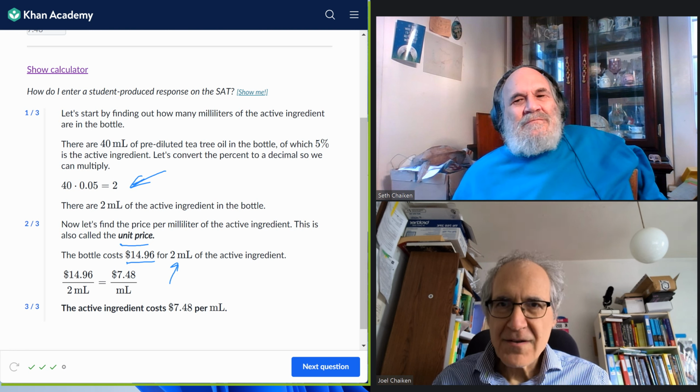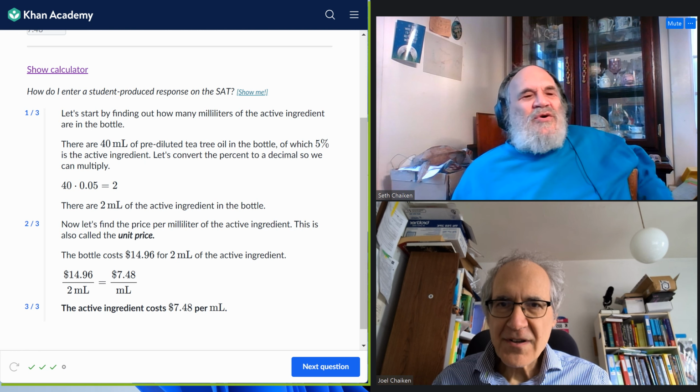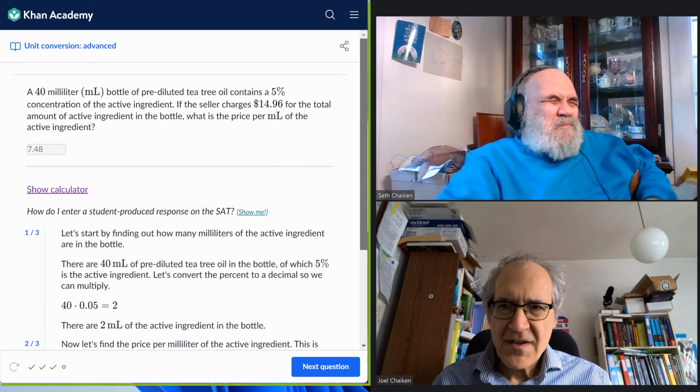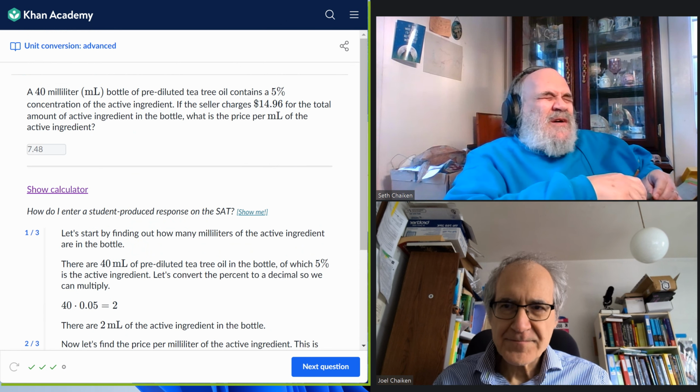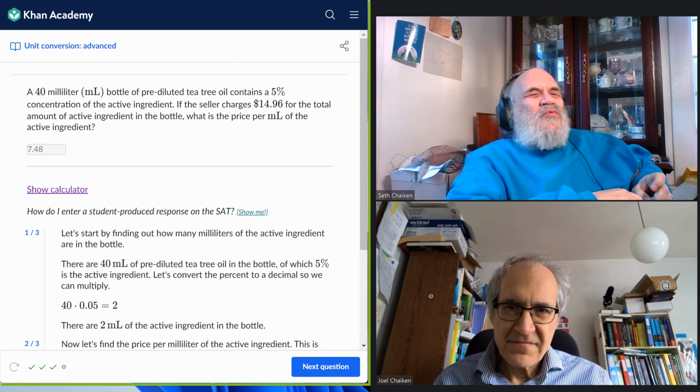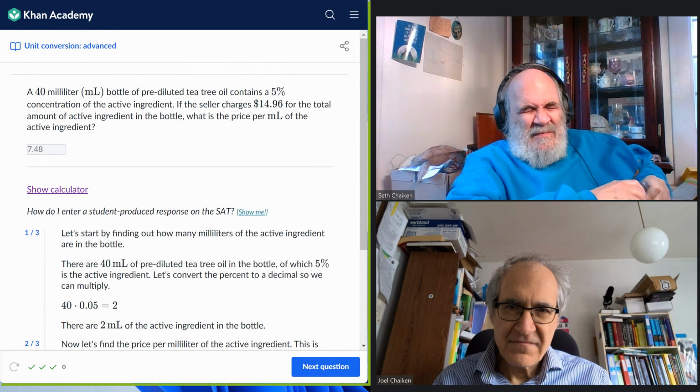I think so. Because one could read into it that this kind of formulation would apply to what is the cost to the manufacturer of the active ingredient.